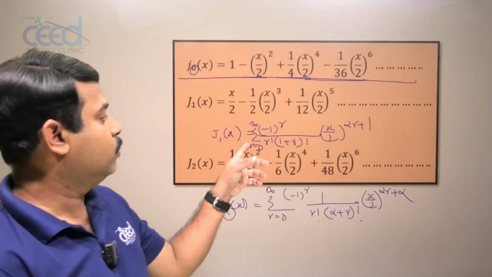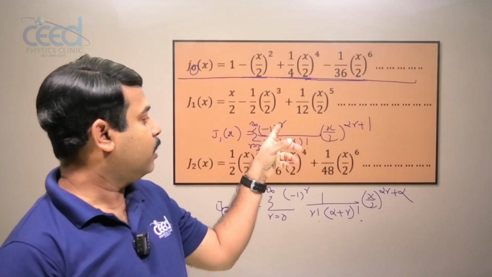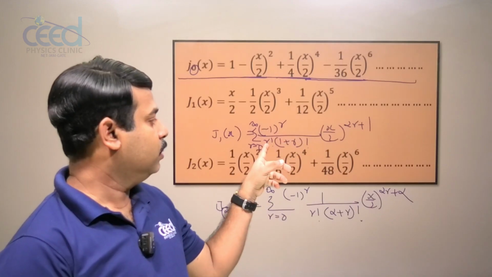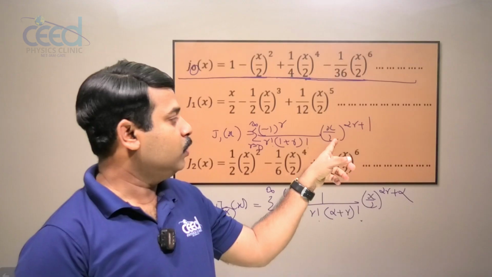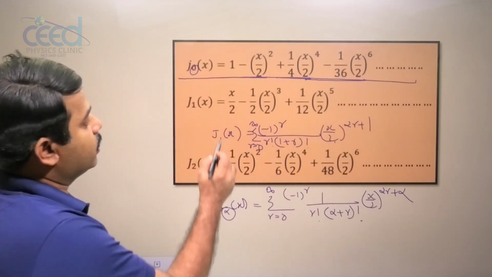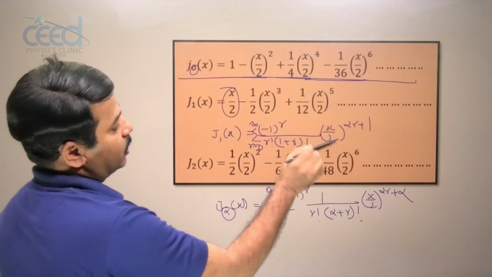Now you put r equal to 0 first: this term is 1, then 1 plus 0 factorial is 1, then x by 2 whole raised to 1. So the first term is x by 2.